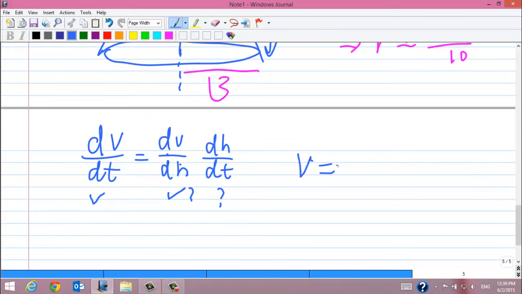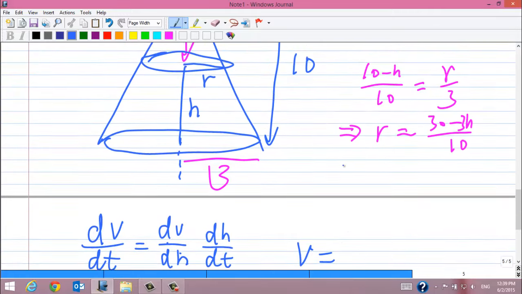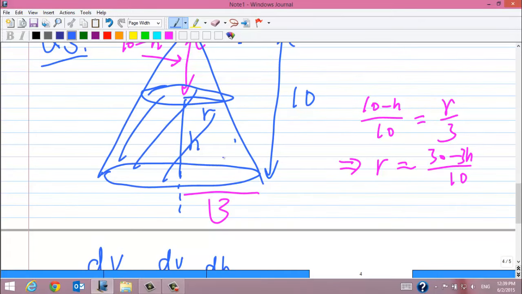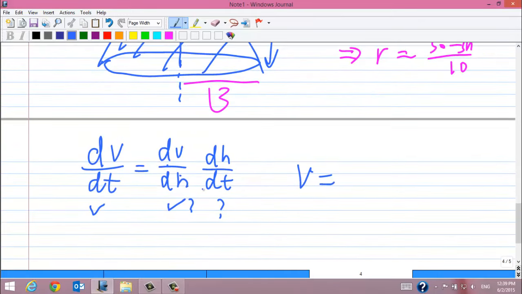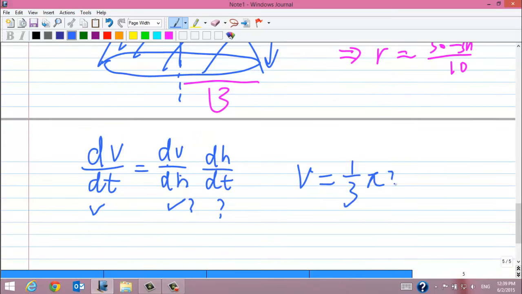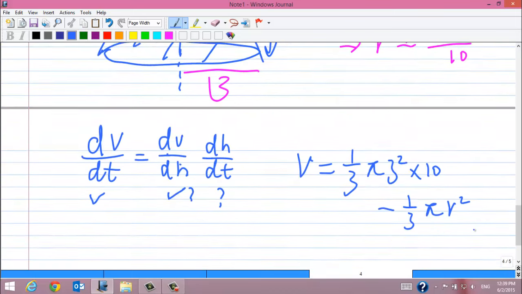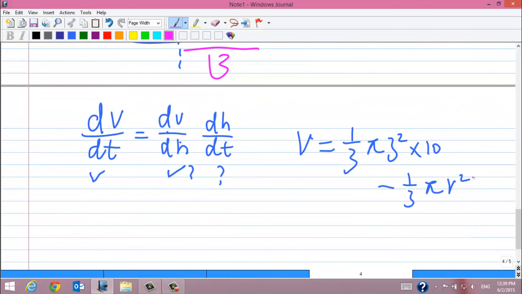So V is equal to, and don't forget, this V is the bottom part. So V is going to be 1/3 pi times the big cone minus the small cone, small r squared h. This small h is 10 minus h.